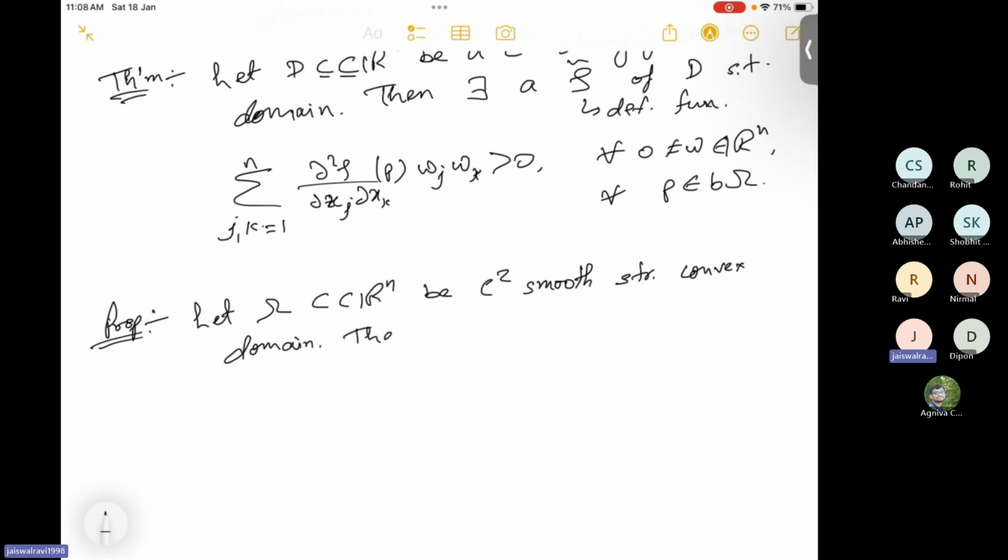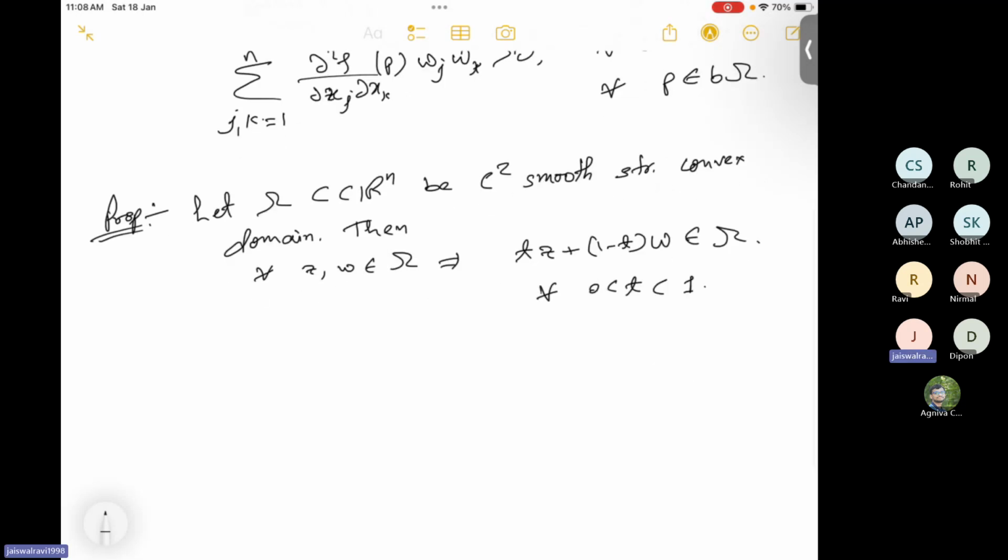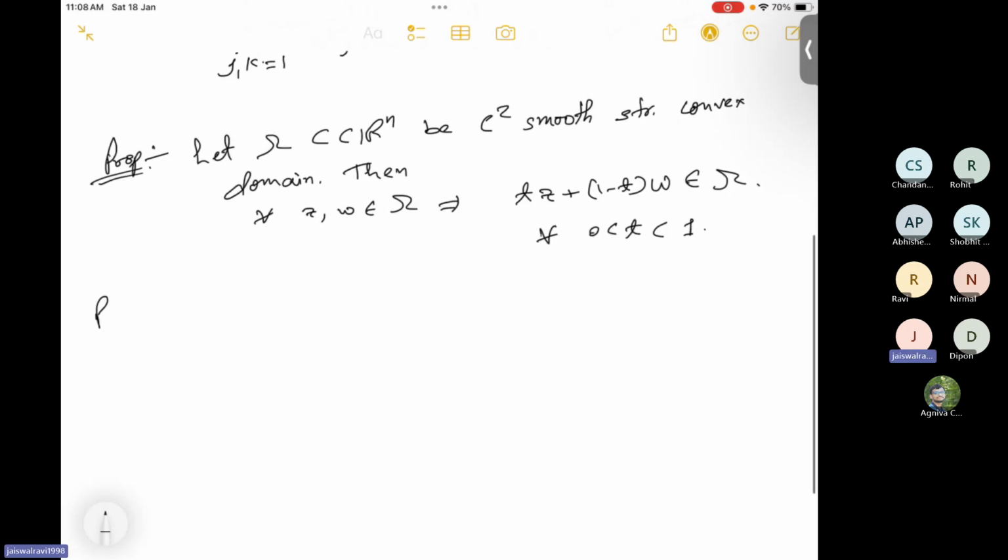Then for each z, w in omega, tz plus 1 minus t w is also in omega for all t between 0 and 1. So the more general result is true, but I will prove this simple result. This we will prove using the connectedness argument.